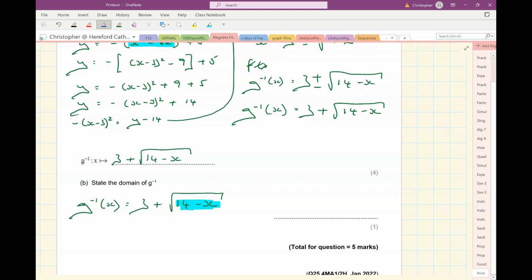So in order for the inverse function to work, I need 14 minus x to be greater than or equal to 0, in which case x must be less than or equal to 14. So that is my restriction on the domain of the inverse function.